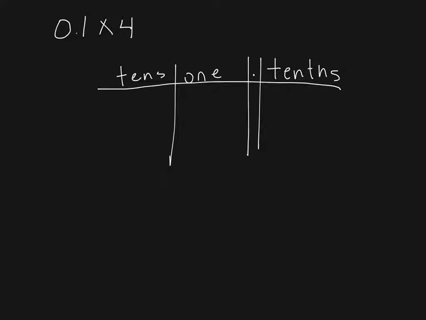And I'm going to put a 4 in the ones place. And I want to multiply that times 1/10. And that means that if I have 4 times 1/10, it's going to be 4/10.